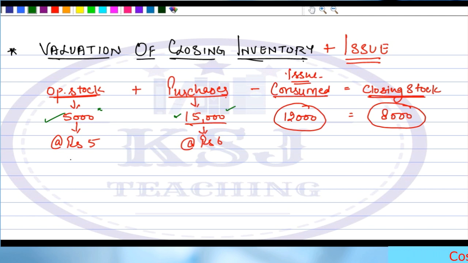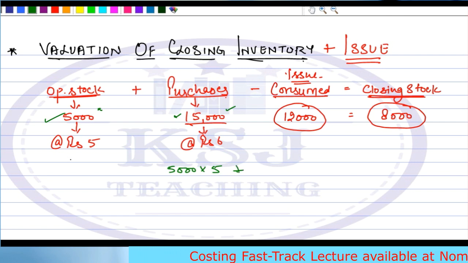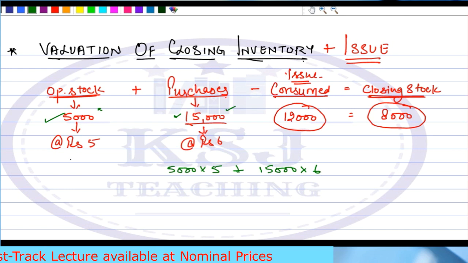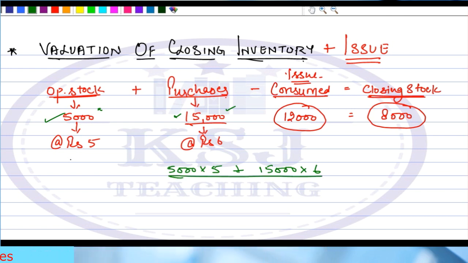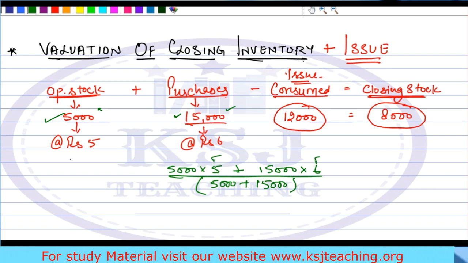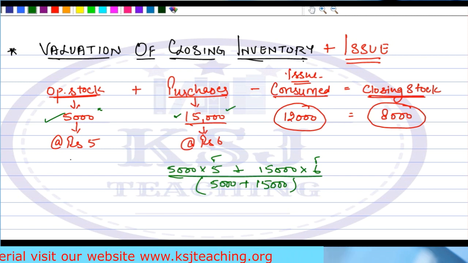And what is weighted average? Weighted average says 5,000 multiplied by 5 plus 15,000 multiplied by 6, divided by 5,000 plus 15,000. That means you take the weight of the material lying in the store, at what price it was purchased, and take the average of that.